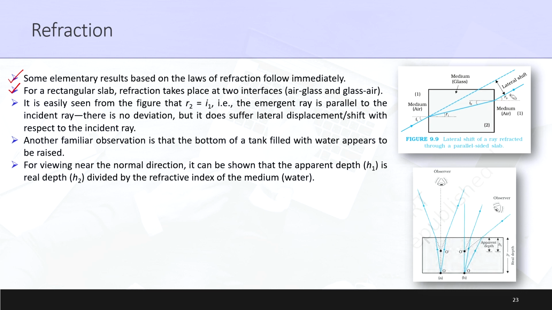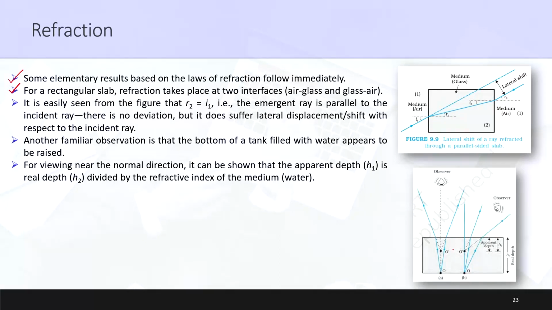Why does it suffer lateral displacement? Because of refraction of light. As you can see, it first bends towards the normal, and the second time it bends away from the normal. Let us suppose it deviates by 2 degrees, then after going above, it again deviates by 2 degrees in the opposite direction. So, minus 2 plus 2 gives you the value 0 again.